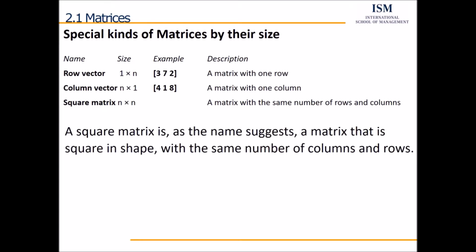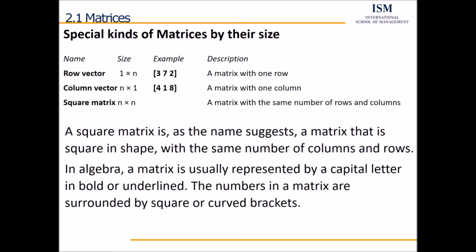A square matrix is, as the name suggests, a matrix that is square in shape, with the same number of columns and rows. In algebra, a matrix is usually represented by a letter in bold and or underlined. The numbers in a matrix are surrounded by square brackets. It can be curved brackets, and normally not curly brackets.